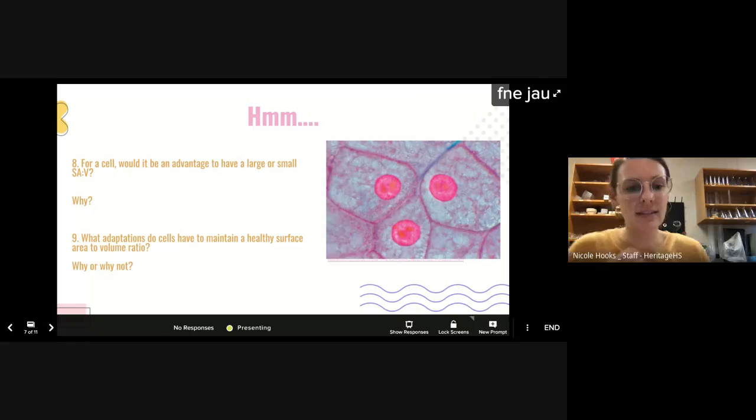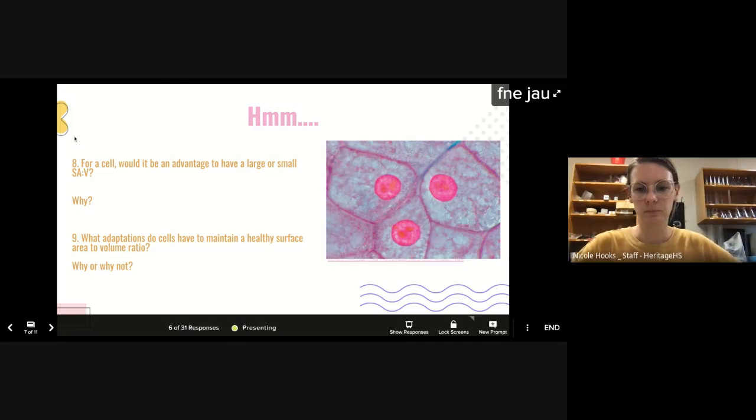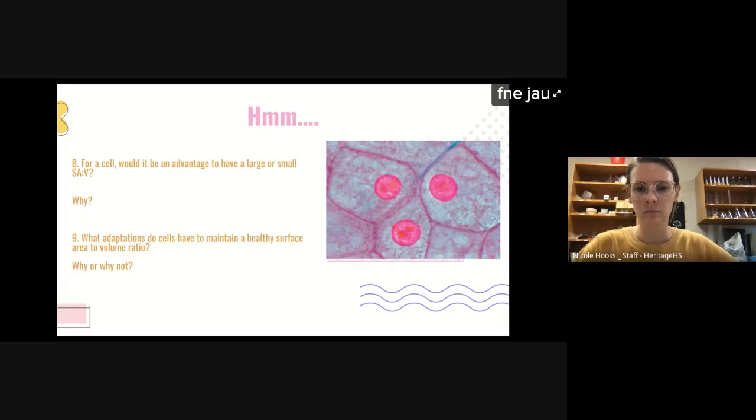All right, so for a cell, what would the advantage be to have a small or a large surface area to volume ratio? What would be the benefit of having a large surface area to volume ratio? Why would that be a good thing? Remember what the benefit of the surface area is. Remember, the surface area is the cell membrane. So if it has more cell membrane than it does cytoplasm, why would that be beneficial?